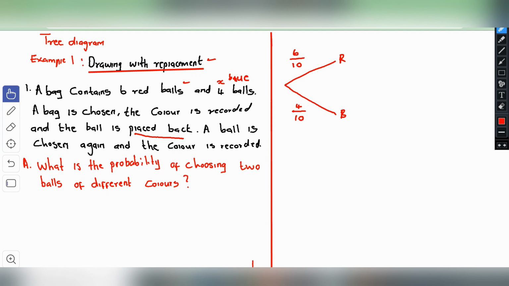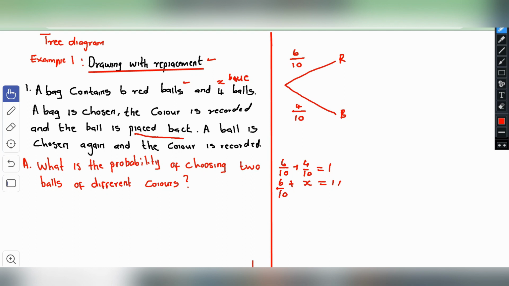They said it's x. Because you are given 6 red balls, we know that 6 over 10 plus x must give us 1, right? So x is equal to 1 minus 6 all over 10.